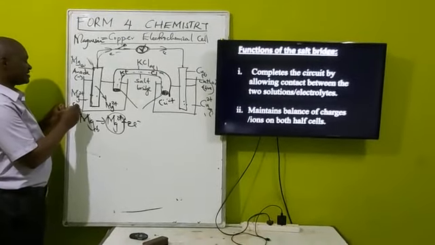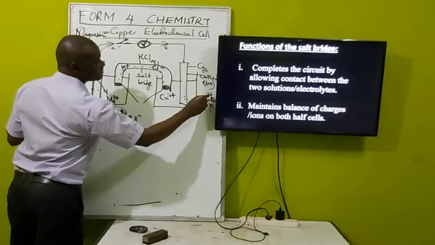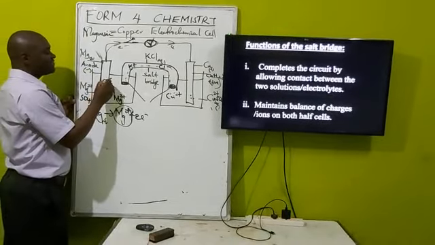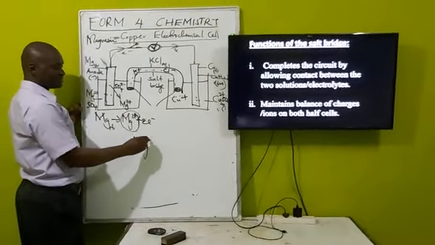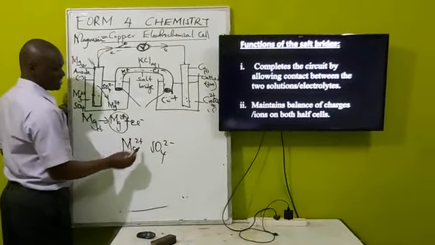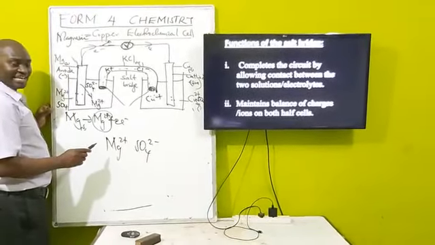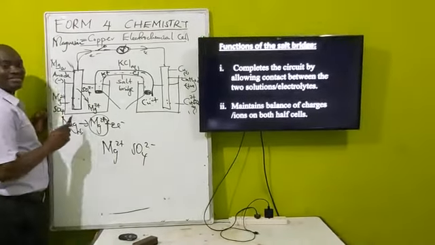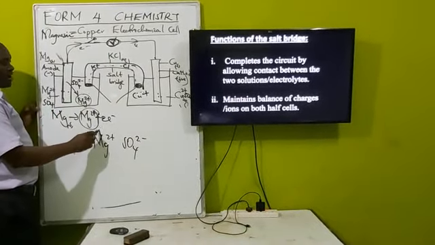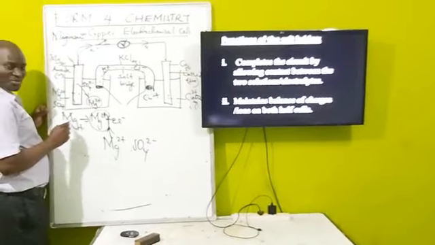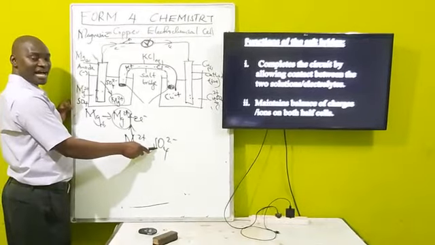If this was magnesium sulfate, and this one is copper 2 sulfate, the sulfate ions will remain, because we have magnesium ions and sulfate ions: two positive charges, two negative charges. Electrical neutrality must be maintained in the two half cells. If we increase more magnesium ions without increasing the sulfate ions, the negative ions, there will be an imbalance.